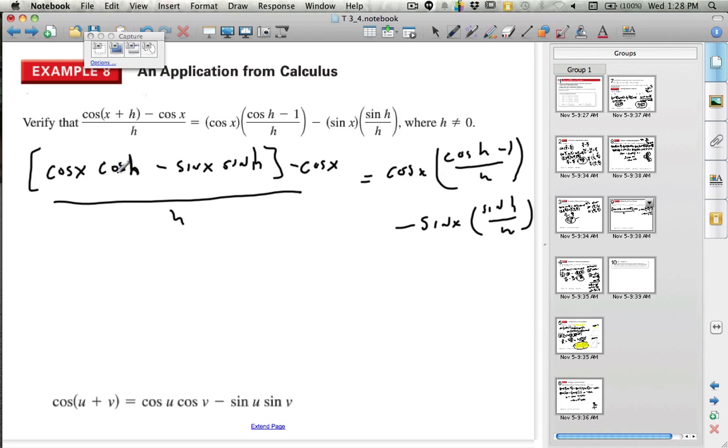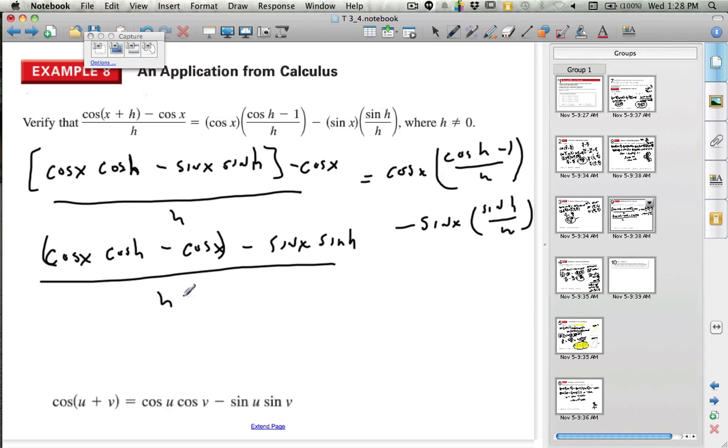All right, okay. So what I'm going to do in the numerator is I'm just going to reorder these a little bit and create some groups. So I have the cosine of x times the cosine of h minus the cosine of x, and I put these together minus the sine of x times the sine of h. And I put these together because what I'm going to do next is factor this.